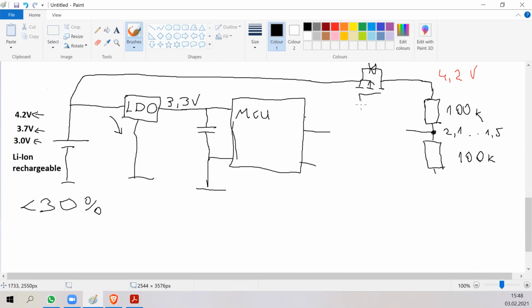Now, the question is, just to make sure that I don't come up with some wrong stuff, you're telling me that this MOSFET should be connected here. Where do I connect the MOSFET's gate? To another GPIO of the MCU, I guess. Okay, let's check it out.